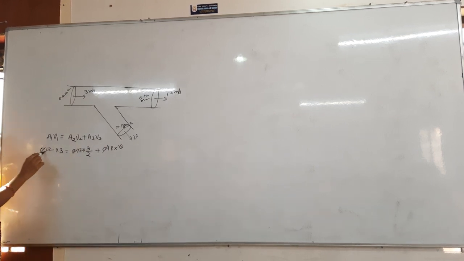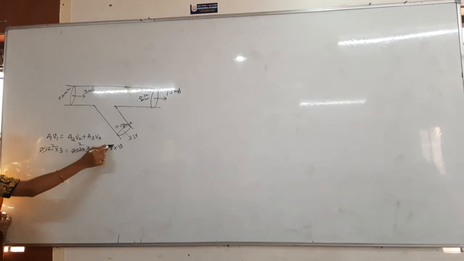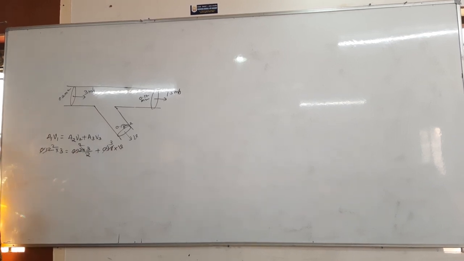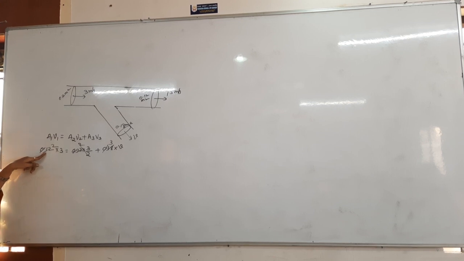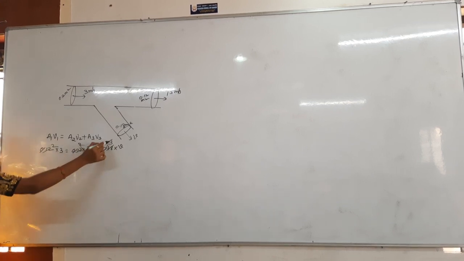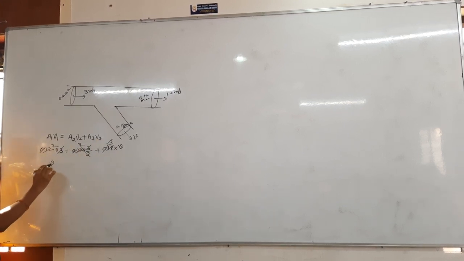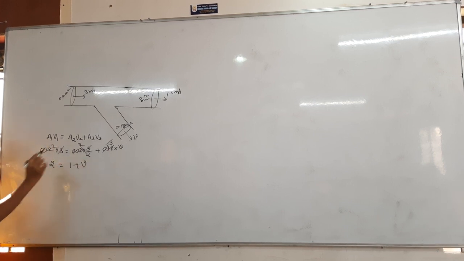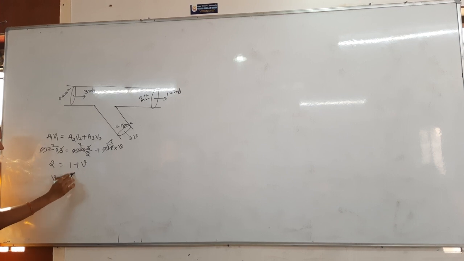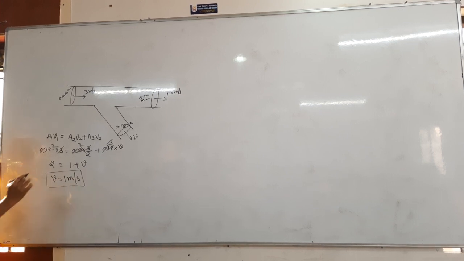Then I can cancel even with 6 also. 6 2s are 6 2s are, and then 6 3s are. This 2 2 also gets cancelled. This is 6, right? Then again 3 3 also gets cancelled. What is remaining here? 2 is equal to 1 plus V. That's it. Then V is equal to 1 meter per second.